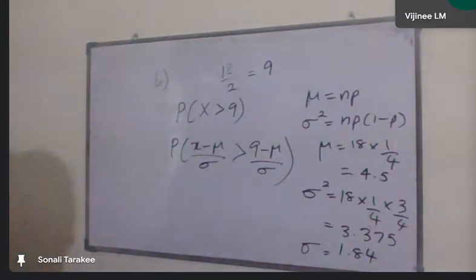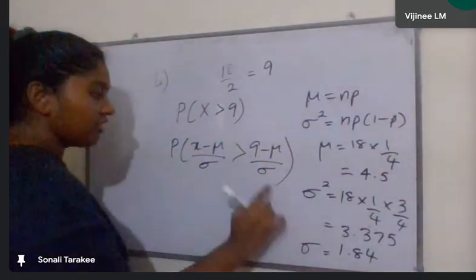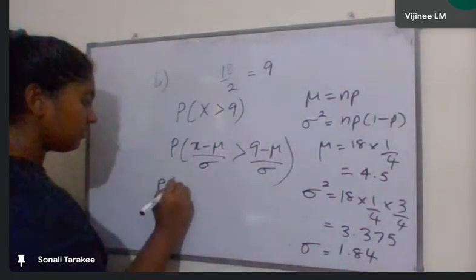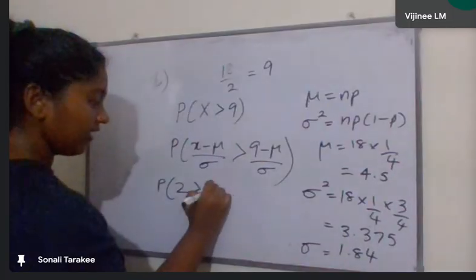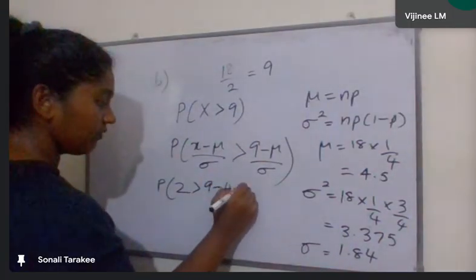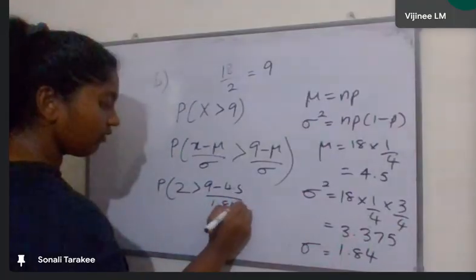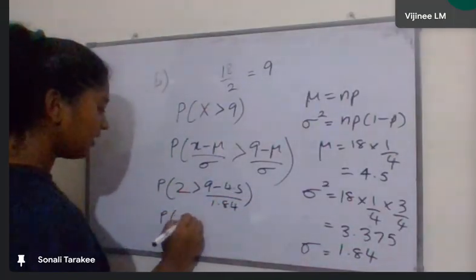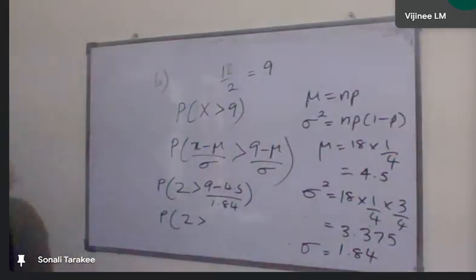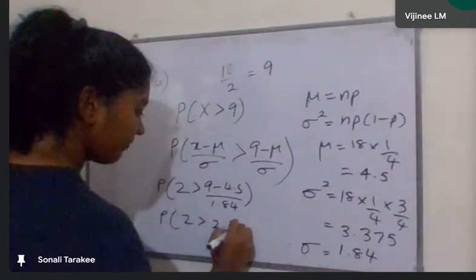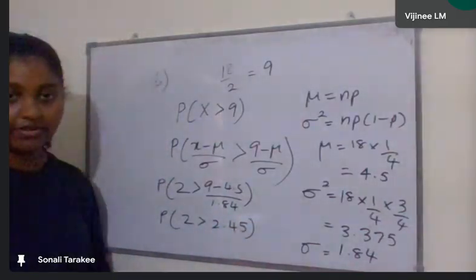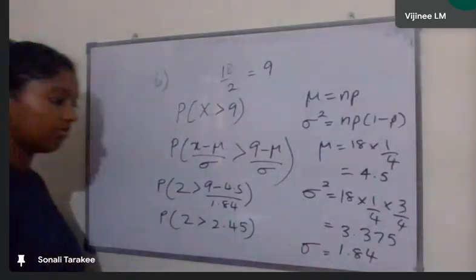I don't know whether these values are correct, okay? So we substitute values here. P of z greater than (9 minus 4.5) divided by 1.84. The value you get is 2.45.